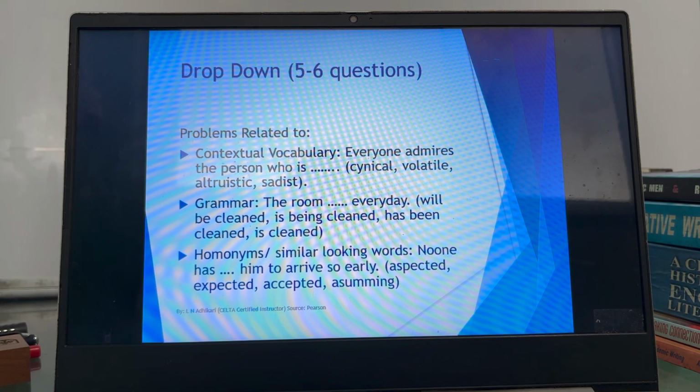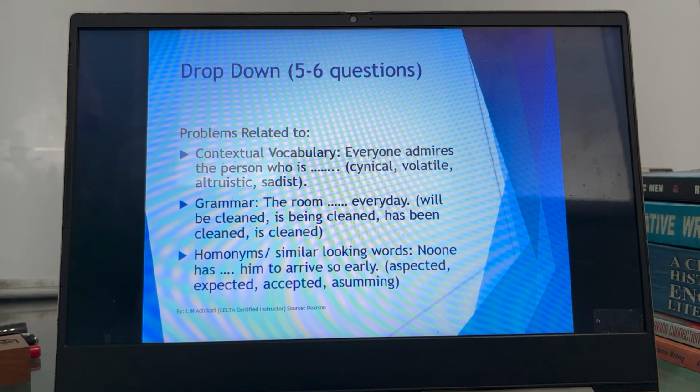So from the context of the sentence, what we unquestionably select is altruistic, because the other 3 words have a negative connotation. The word with positive connotation is altruistic, and that fits here because the context of the sentence says that everyone admires. To admire someone, the person must have a positive attribute. The main concern is checking your contextual vocabulary knowledge.